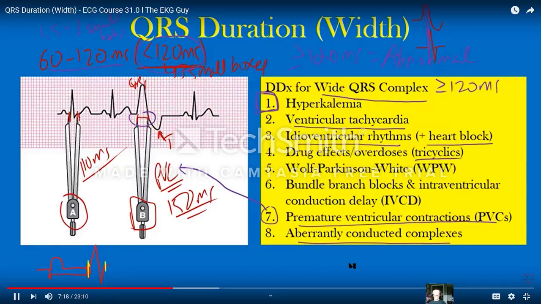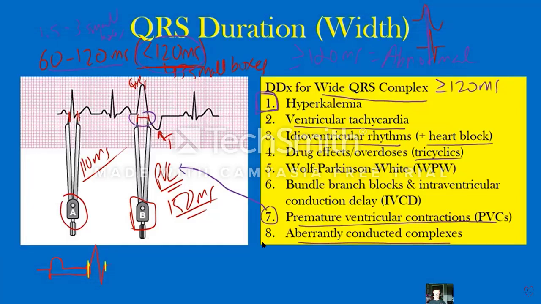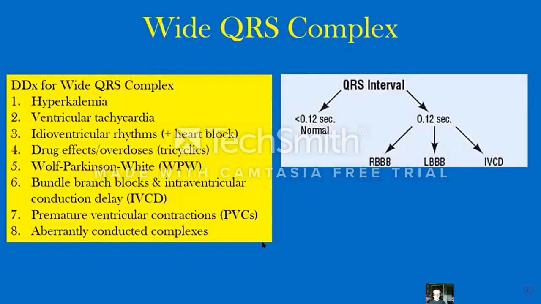So whenever you see a wide QRS complex, I want you to start going through this list and try to identify what's going on. Remember, the most severe, rule those ones out first. Now, a way to simplify that list is by thinking of three main things when you see a wide QRS, greater than or equal to 120 milliseconds in duration.